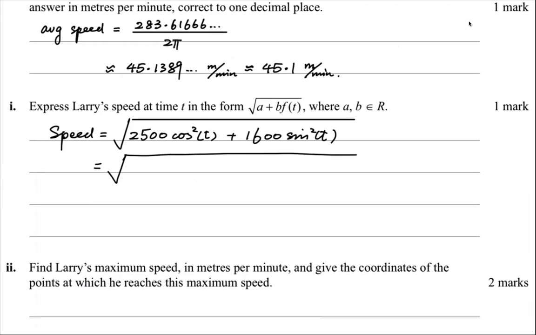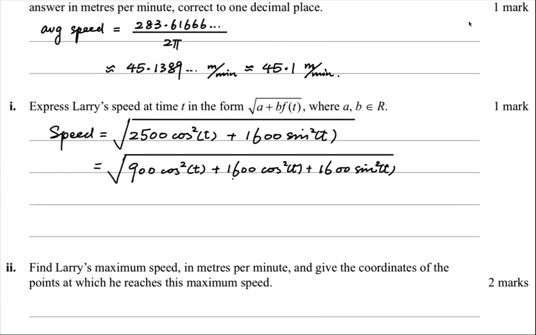So I suppose we need to do some manipulations here. For example, you may want to do it like this. Split out 2,500 as 900 cosine squared t plus 1600 cosine squared t plus another 1600 sine squared t. So this bit combines to be 1600 only.